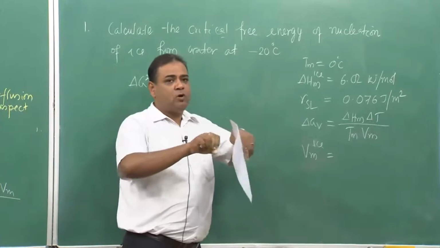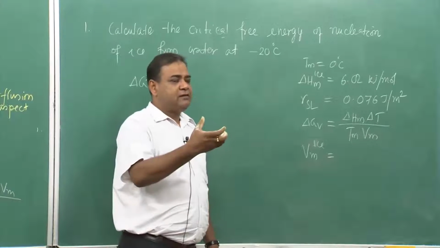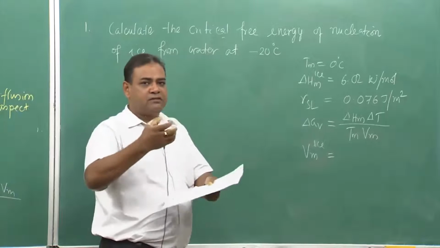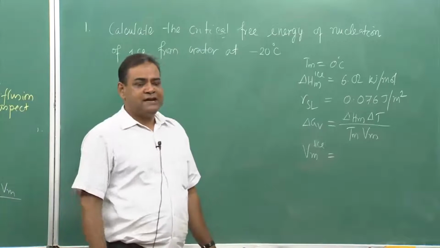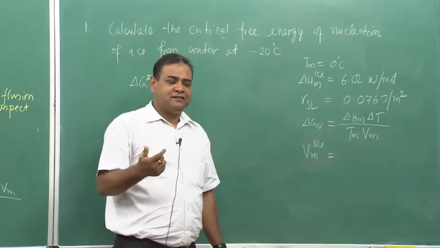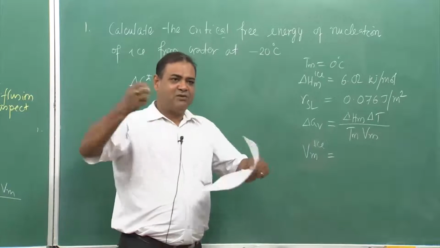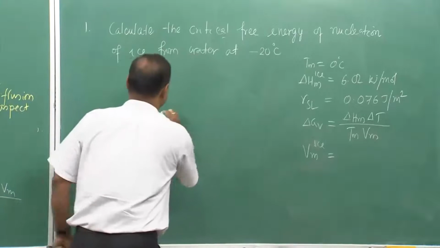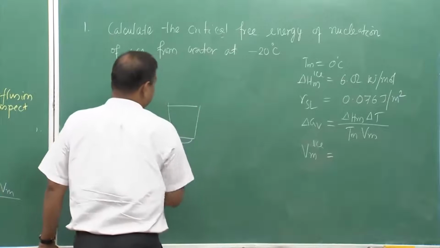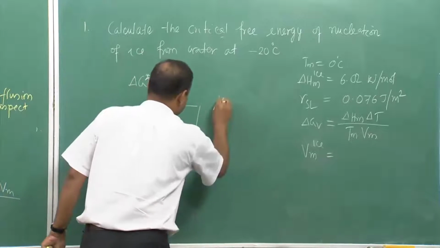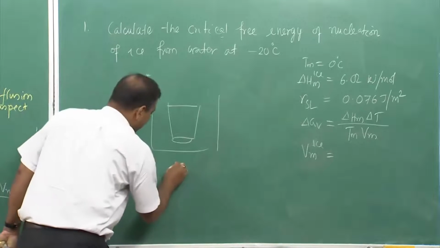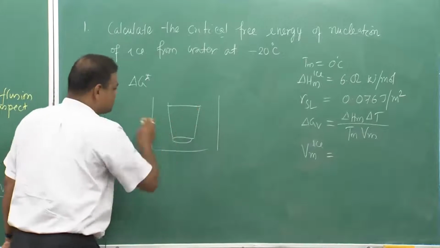Let us say you take water in a glass, a steel glass, take it to a refrigerator and freeze it, and take that block out. So you have formed total ice.